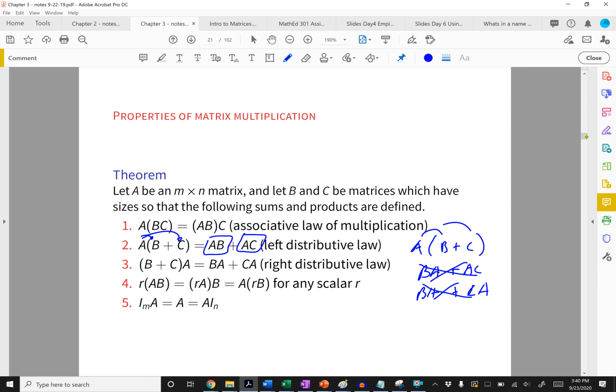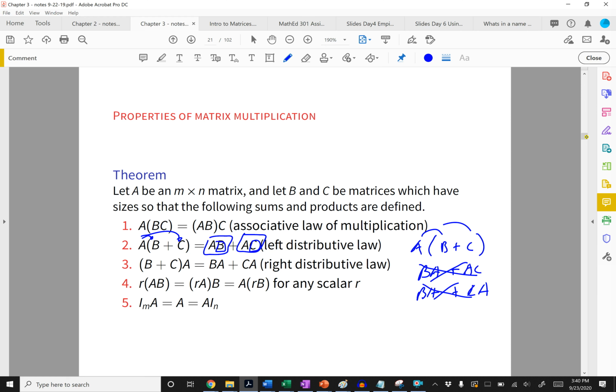Okay, these are not the same. If A is on the left, when you distribute it in, it needs to be on the left of what's inside when you multiply. It's because, as I mentioned earlier, matrix multiplication doesn't commute in general.